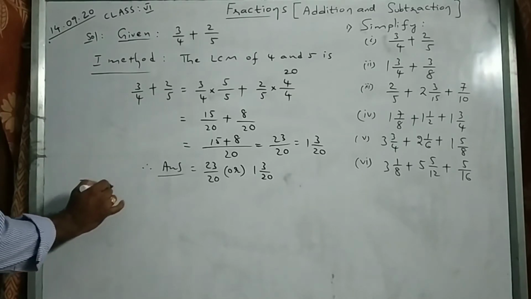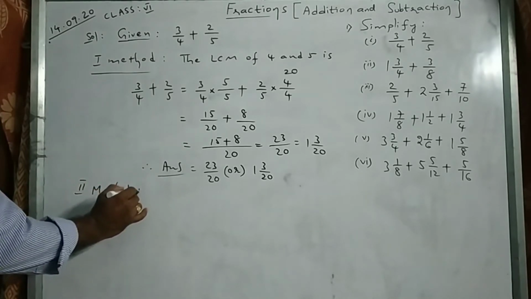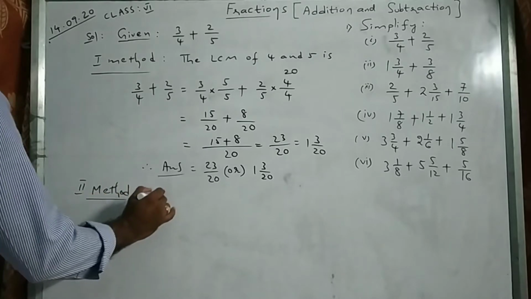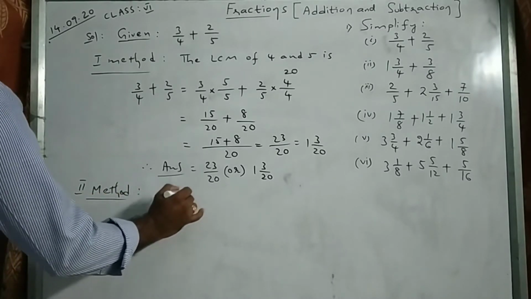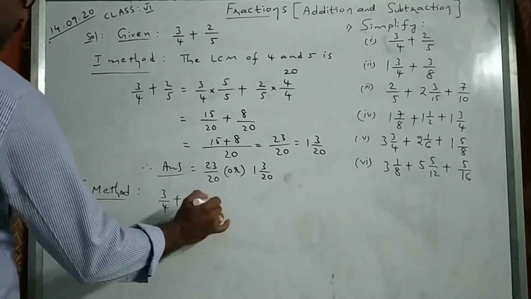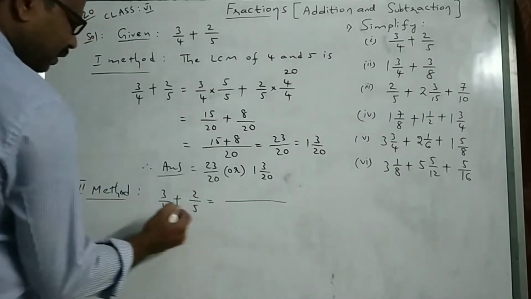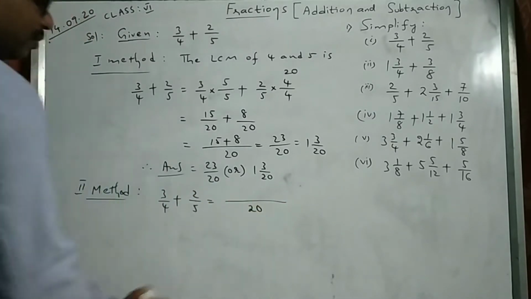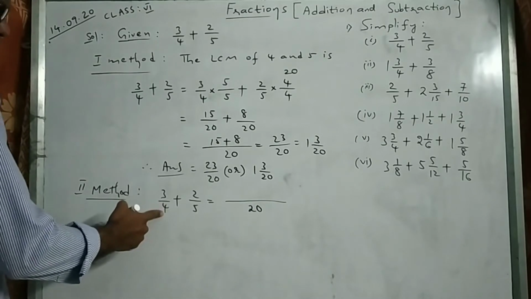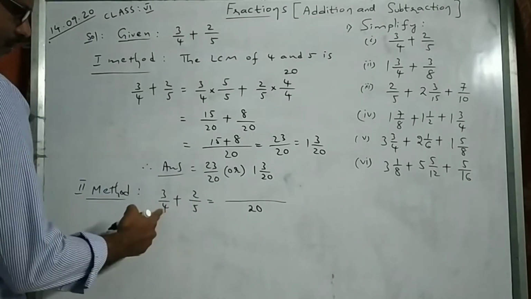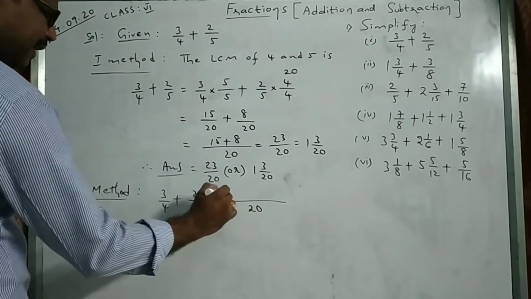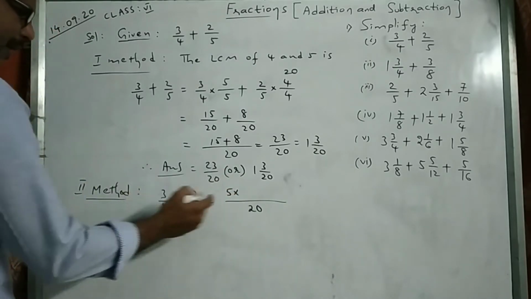Second method, when we go to the higher class, we use this method. 3 by 4 plus 2 by 5. You take directly LCM of 4 and 5. How much? 20. 4, how many times it goes? 4 5s are 20, right? Into, what is the numerator here?